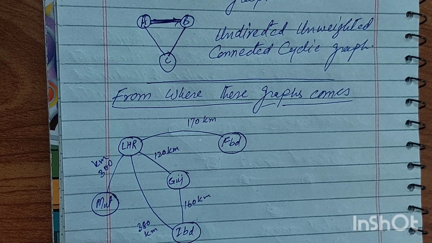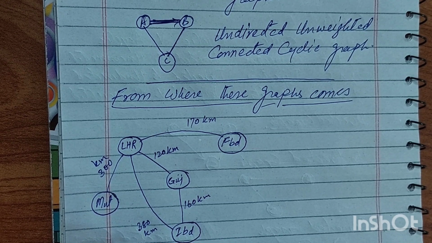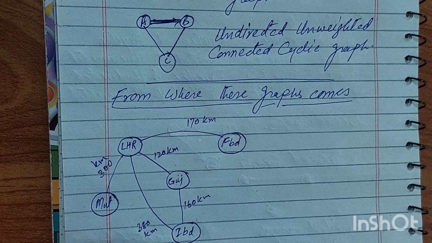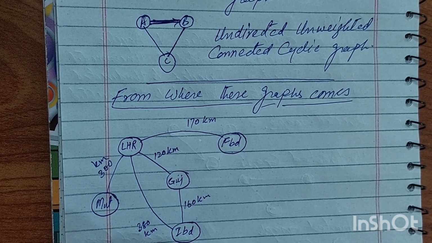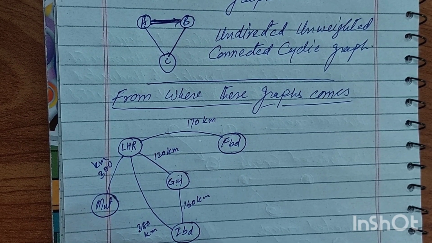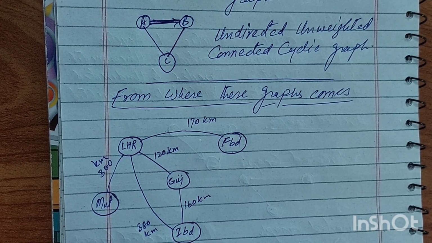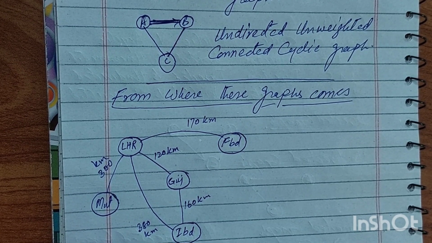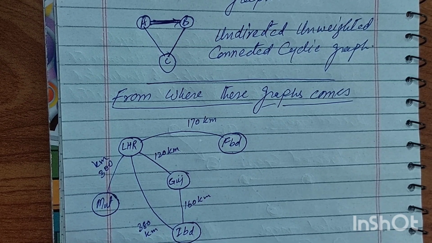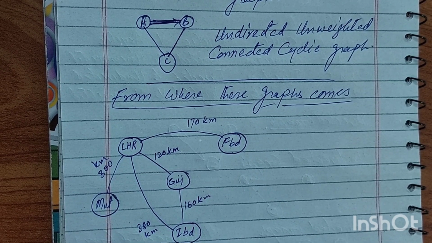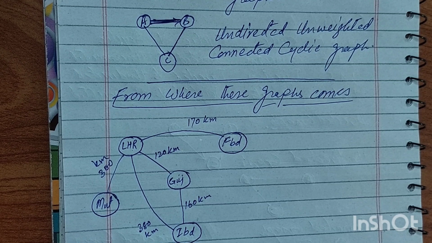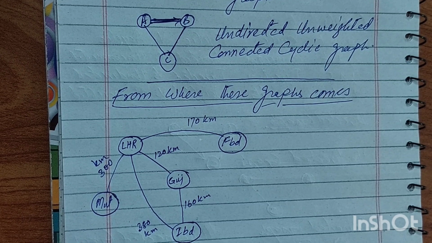We need to find the best path from Lahore to Islamabad. So this is our problem, which can be related to the shortest path problem.